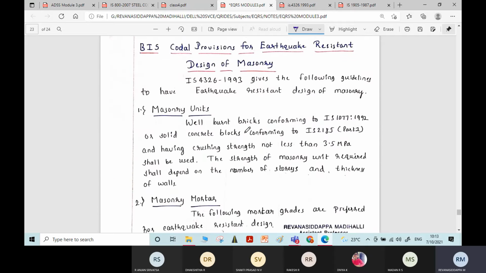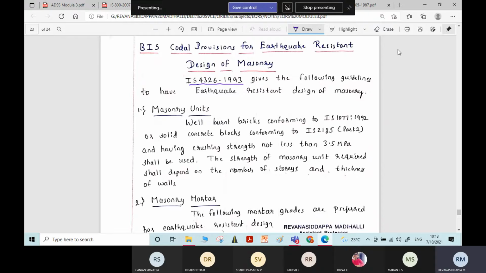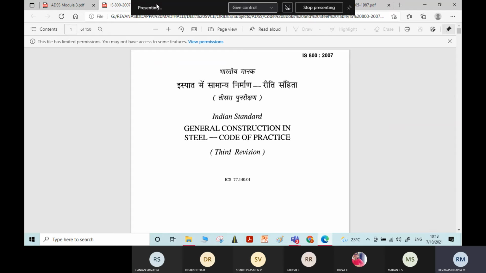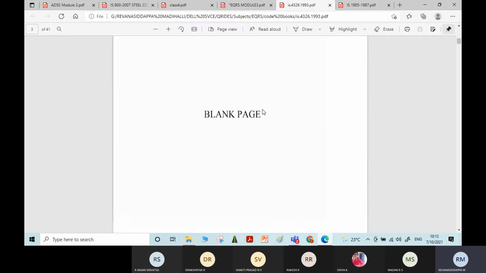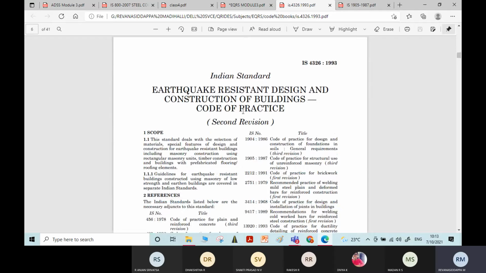The next and last topic of this module is BIS codal provisions for earthquake resistant design of masonry. There is a code book, that is IS 4326:1993, Earthquake Resistant Design and Construction of Buildings, Code of Practice.